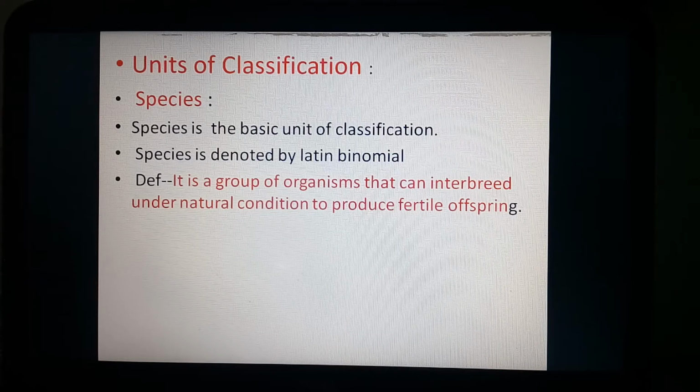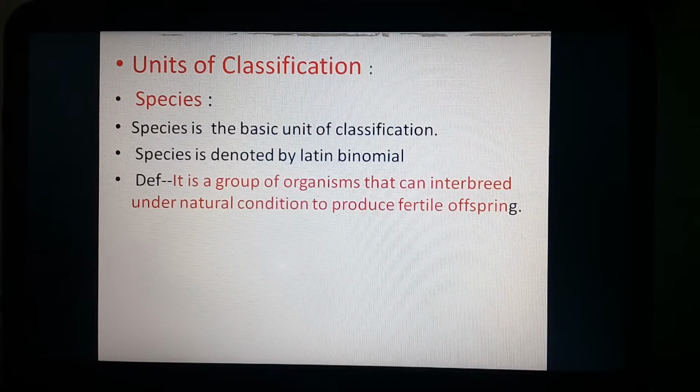Like you can take similar organisms like tiger and lion. They can't interbreed under natural conditions. We can go for artificial insemination and produce offspring, but the offspring is sterile, which we have taken as an example of the tigon hybrid, and the mule, a hybrid of horse and donkey, because horse and donkey do not belong to the same species.